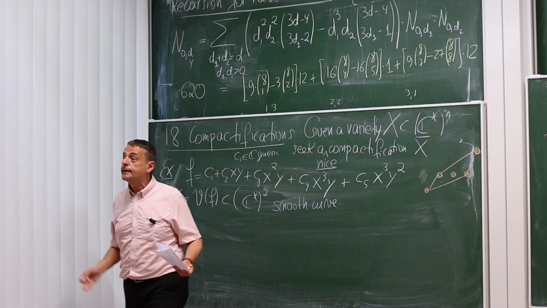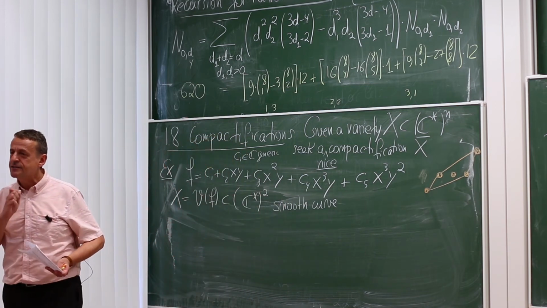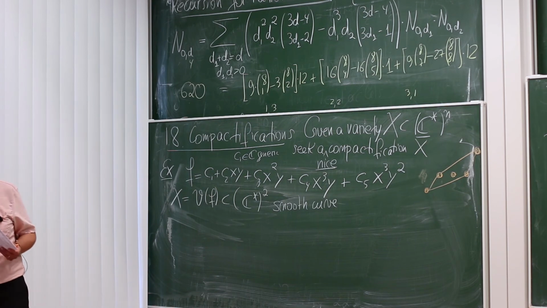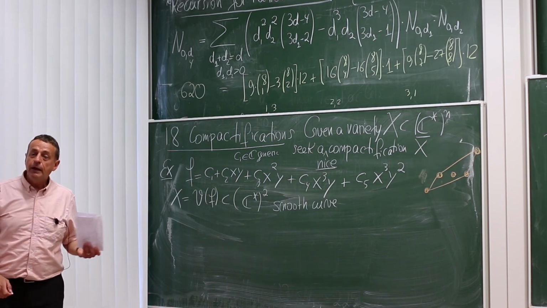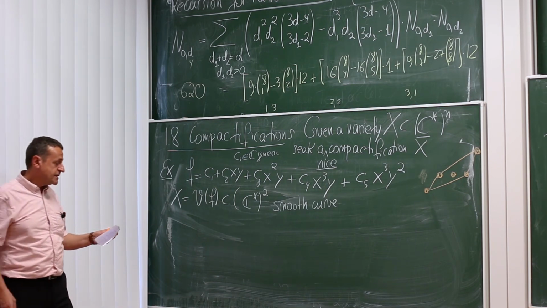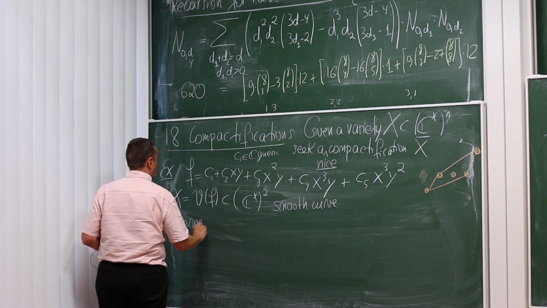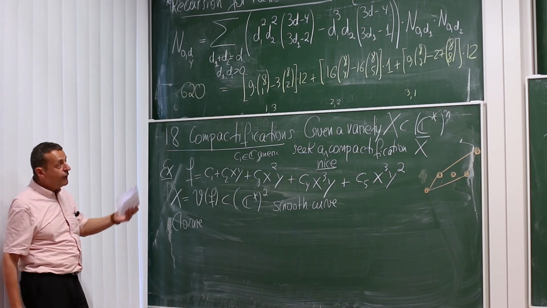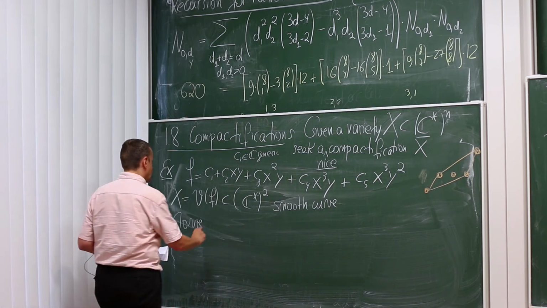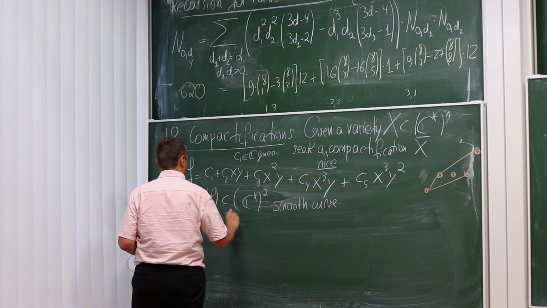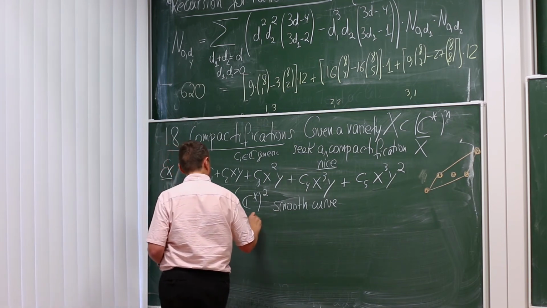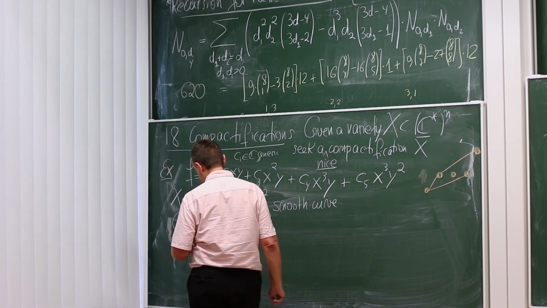Well, if you studied, and you should have studied, the last chapter in the undergraduate textbook by Cox, Little, and O'Shea, then the natural way to compactify is to take the projective closure. Right? So whenever you have an affine variety or very affine variety, then the closure of this curve in P2 is easy to compute.